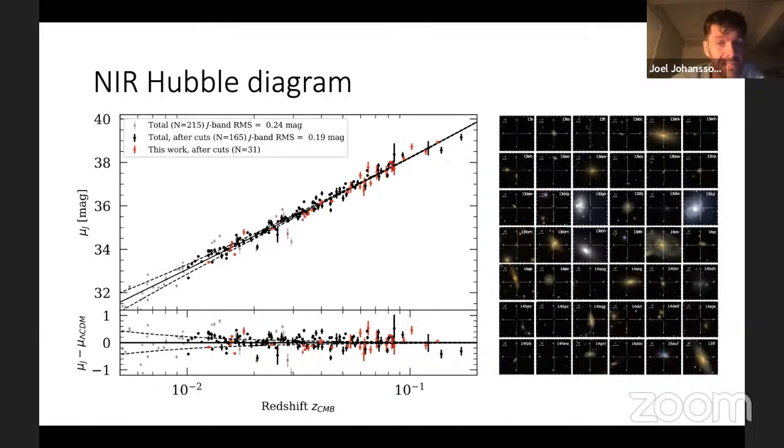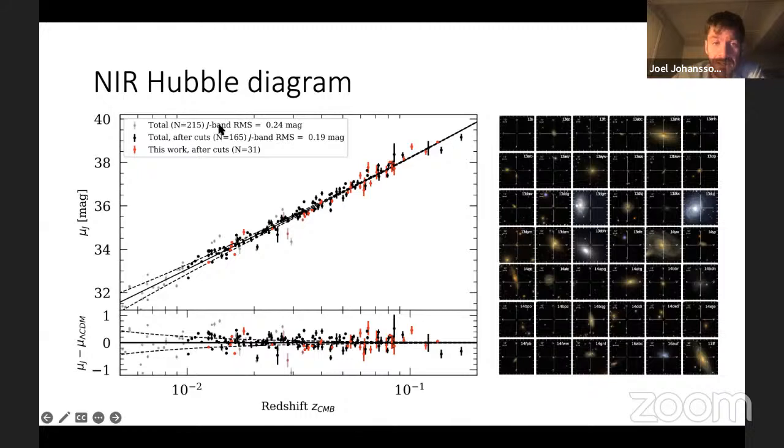So this is what the infrared Hubble diagram looks like. I think at the time this was all the supernova from the literature and from our sample together, so we're talking about order of 200 supernova in total.